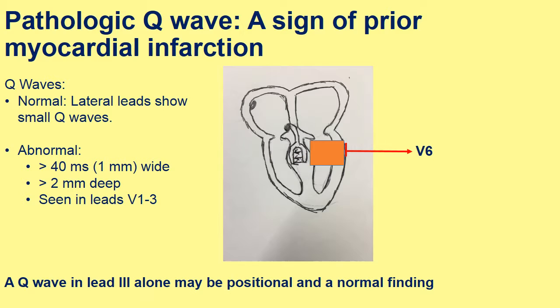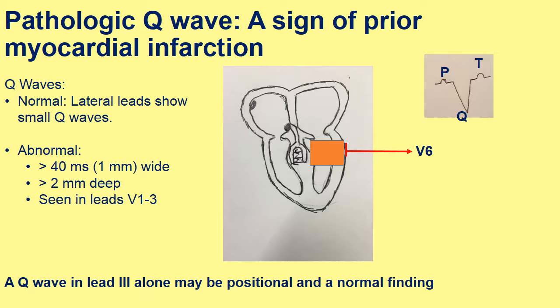So the only wave V6 will be picking up will be these Q waves. So the graph will look like this. That's a P wave, and then it picks up the Q wave there. Can you see how deep the Q waves are? The Q waves are very deep in this, and then it goes back to the baseline. So that's what pathological Q waves are.